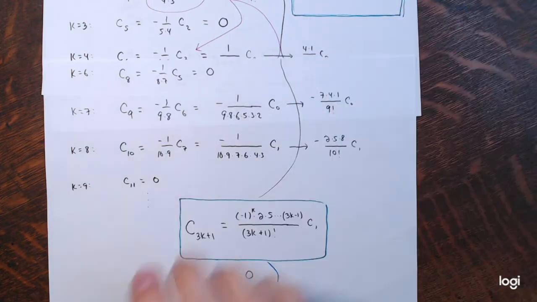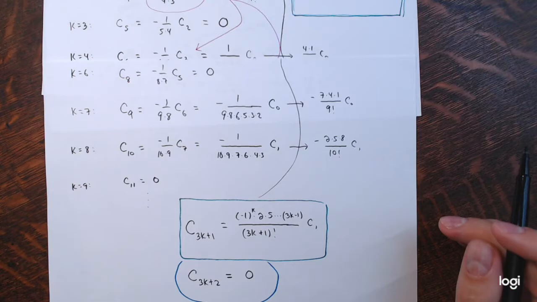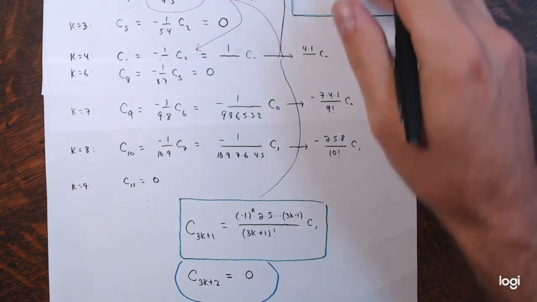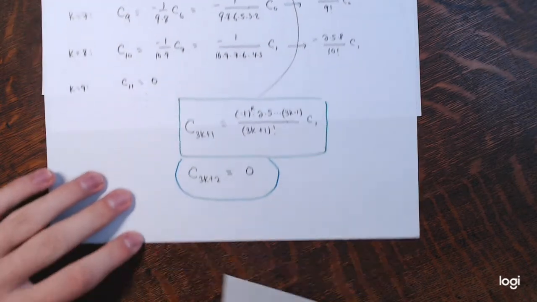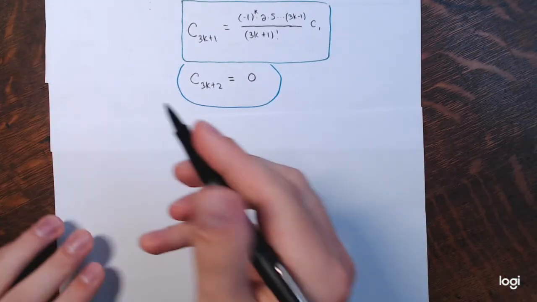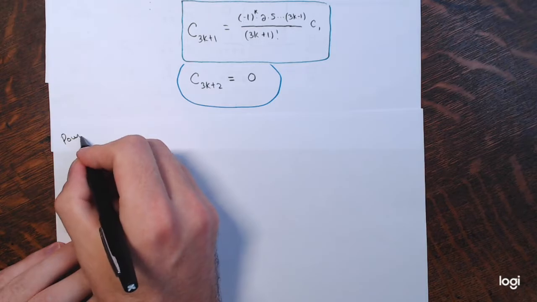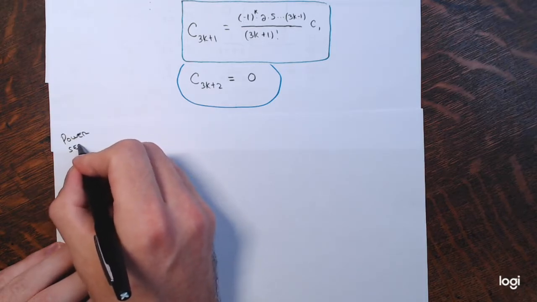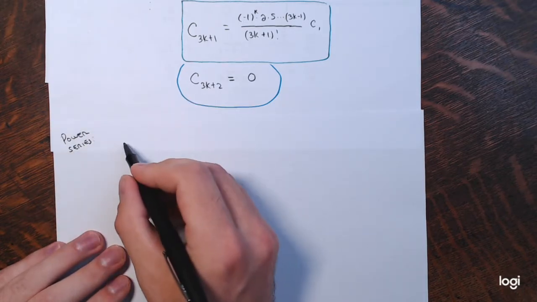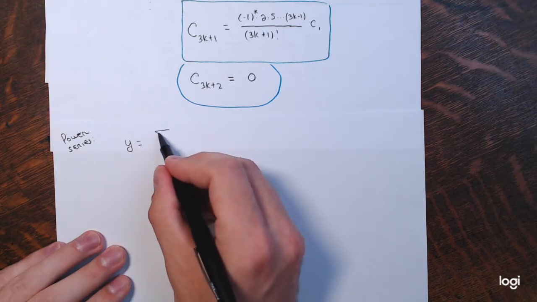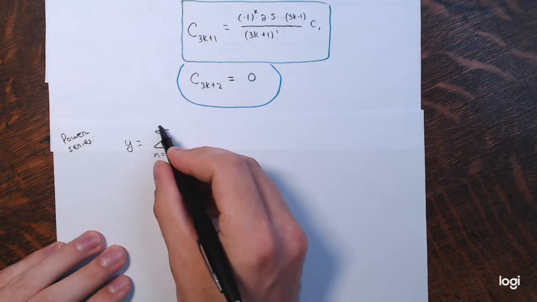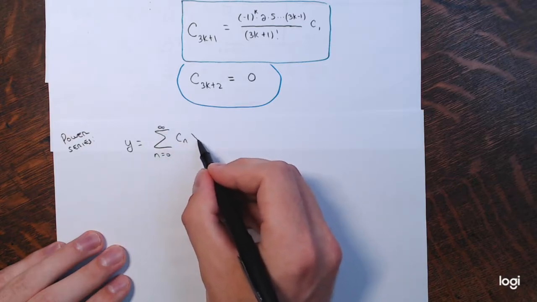Great. Now let's actually go back to our series. I'm going to write these coefficients into our series. All right, so back to the power series. We had y equals the sum from n equals 0 to infinity of c sub n, x to the nth.